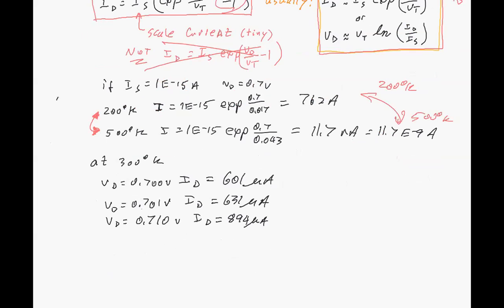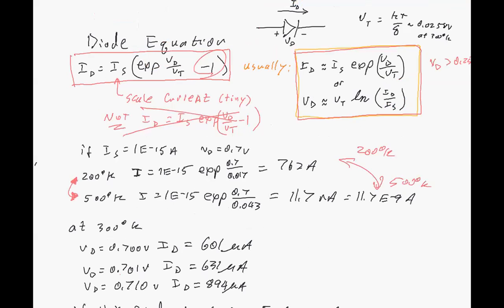So if this diode was actually an LED, and if we want 15 milliamps, then ID is equal to 15 milliamps, and VD, the diode voltage, by using this relation, we can find it.